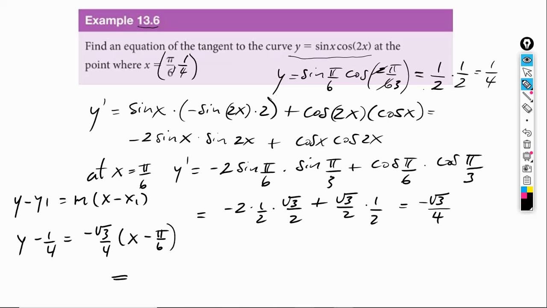And then if we expand and simplify that, we're going to get the equation y equals minus square root of 3/4 x plus (6 plus pi square root of 3) over 24.